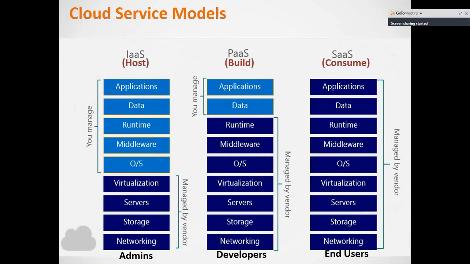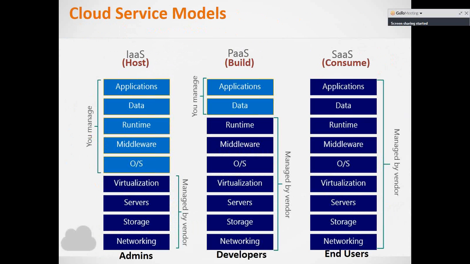They are called IaaS, PaaS, and SaaS, where IaaS stands for infrastructure as a service, PaaS stands for platform as a service, and SaaS stands for software as a service.